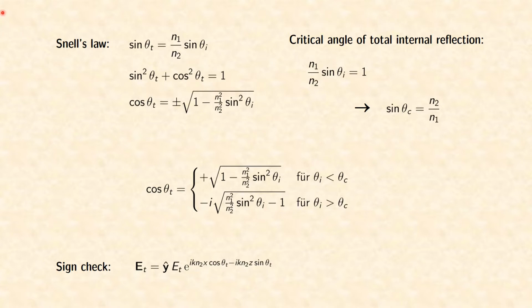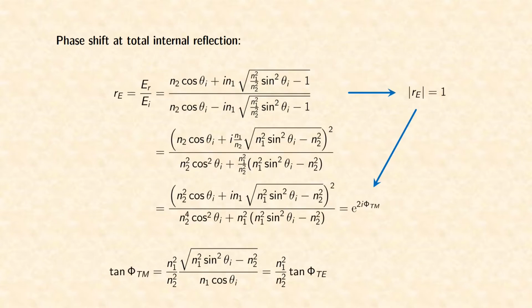So we switch to the next slide and calculate the phase shift at total internal reflection. And this is actually somewhat different for the TM wave than for the TE wave. The calculation, however, is done in exactly the same way. We insert cosine theta t by this expression.